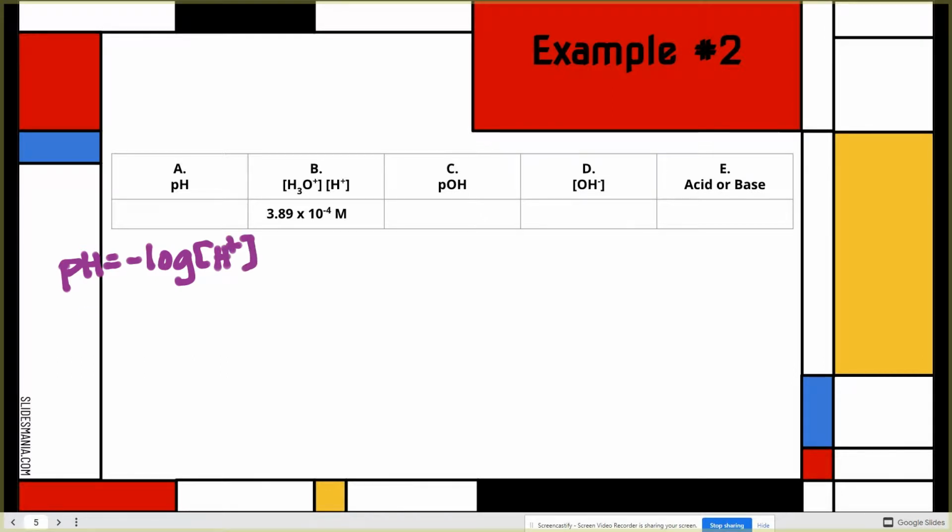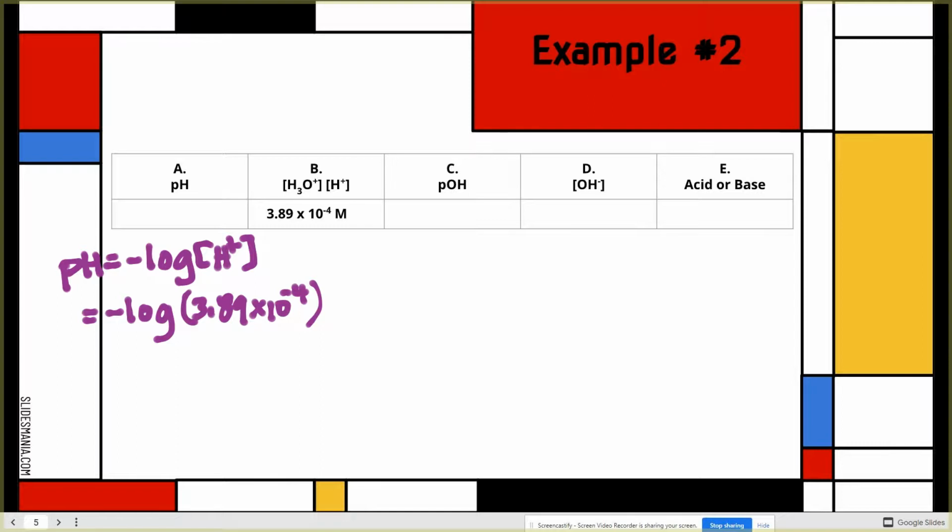And this is equal to negative log of 3.89 times 10 to the negative 4. And you can put this in a calculator. Don't forget the negative sign goes in first.